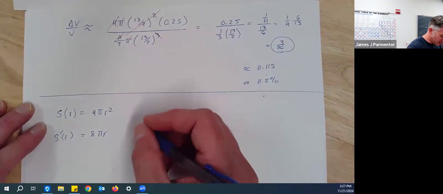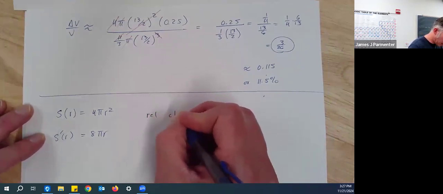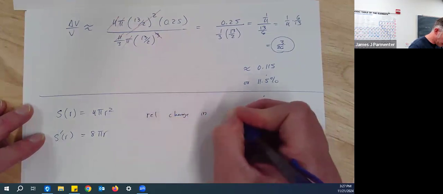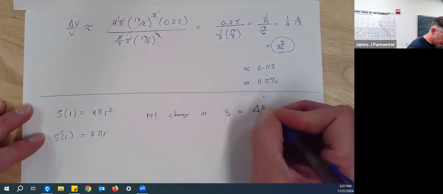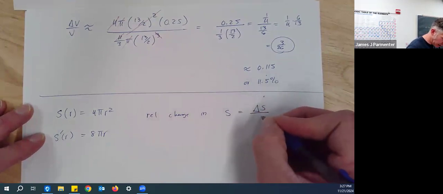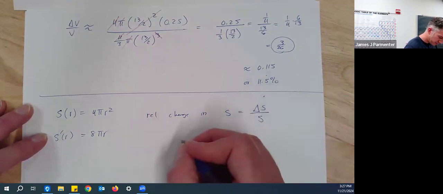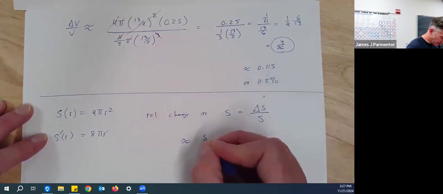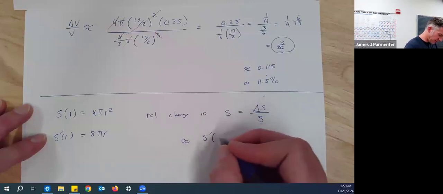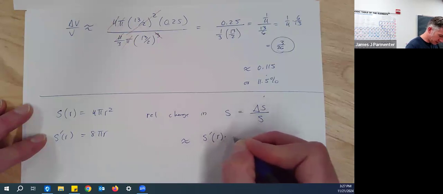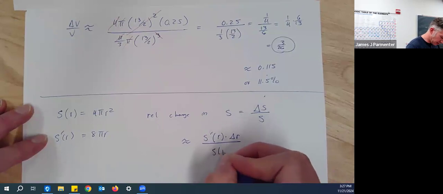And say that the approximate relative change in surface area is just going to be the change in the surface area divided by the actual surface area. But then that's going to be approximately the derivative of the surface area at whatever value we're plugging in for r times the change in r divided by the actual surface area.